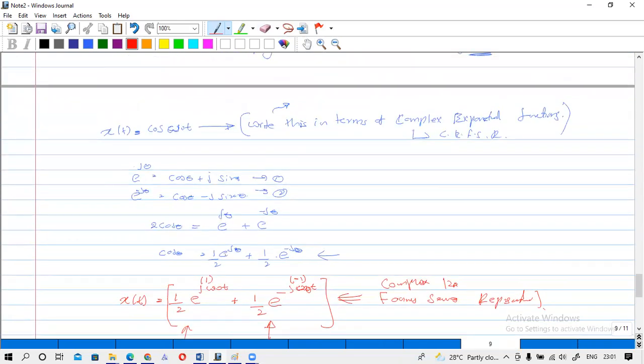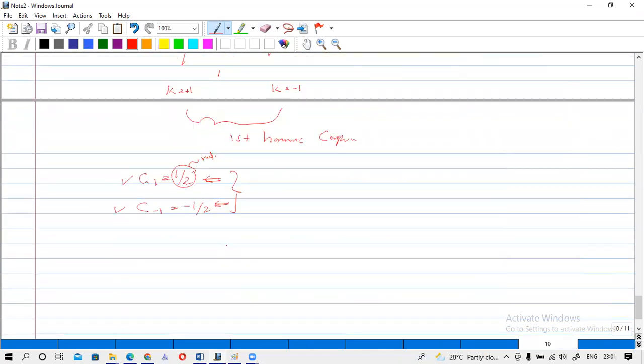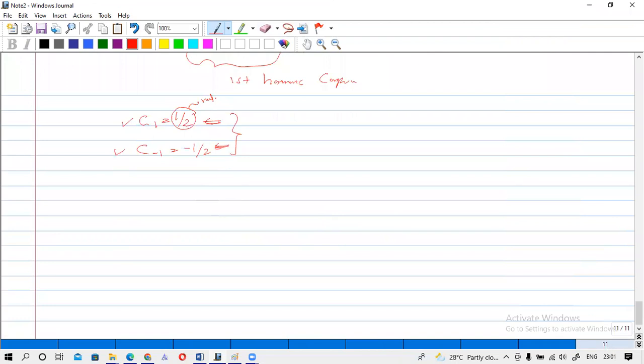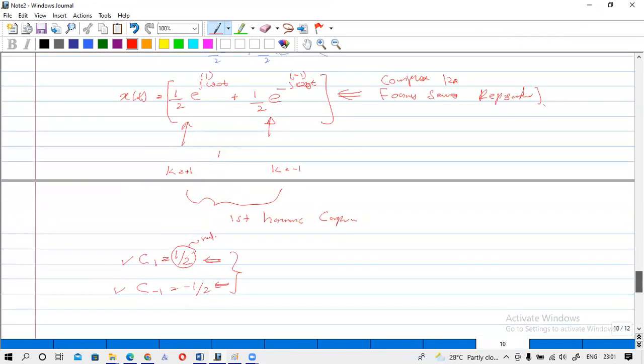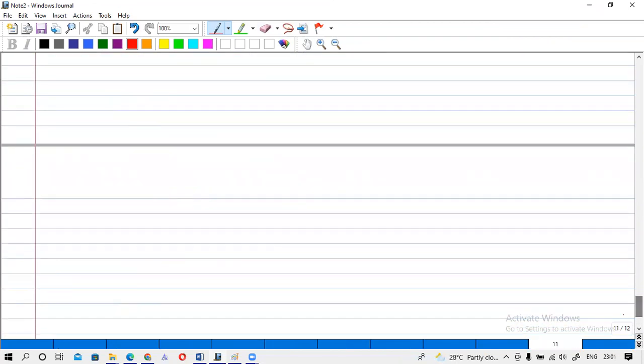So, did you get it? Okay. So we will try to do another example also. Let's say that we have x(t) equal to 1 plus sin 6t plus cos 5t.